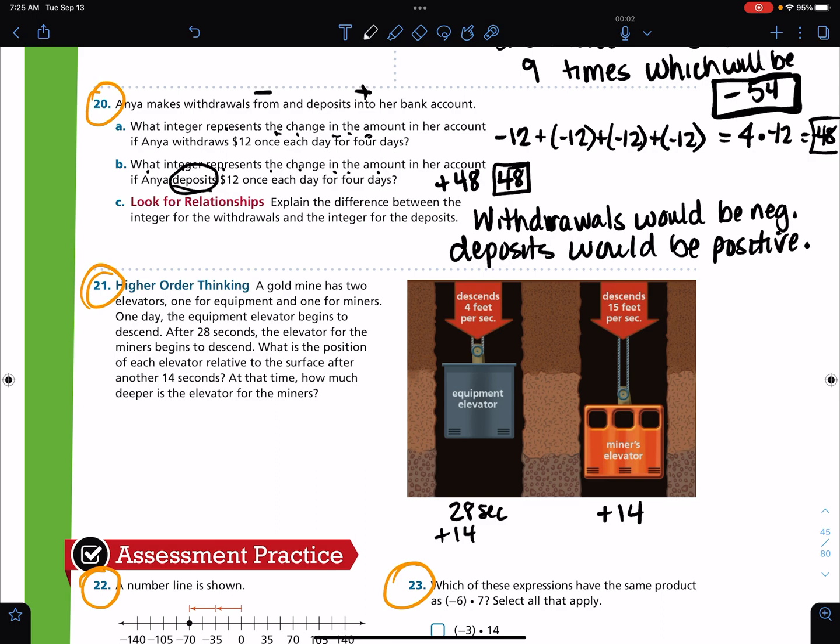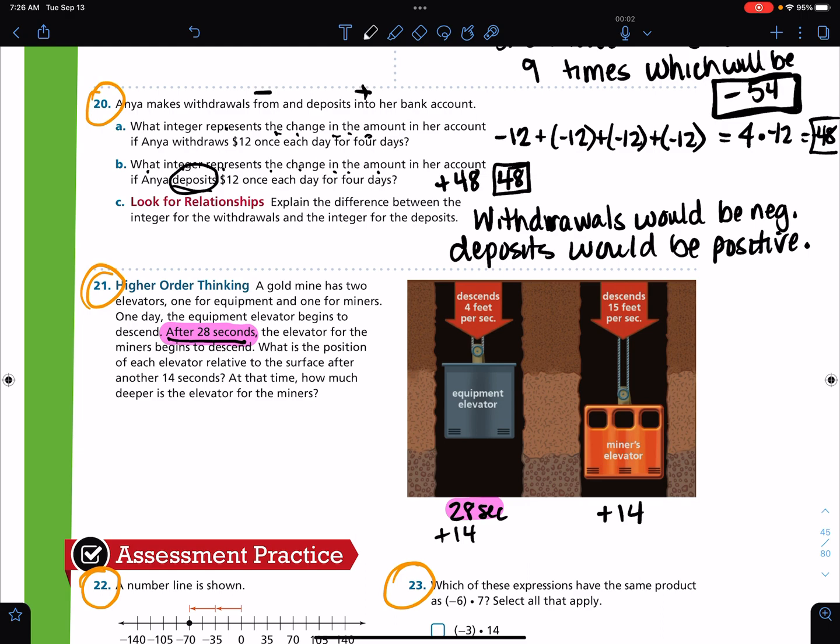Now that's hard to explain even without a picture. But if you think about a track race, someone always gets a little head start. And in this case, the equipment elevator got a head start of 28 seconds. That's why this one has extra, because the second one works that way.